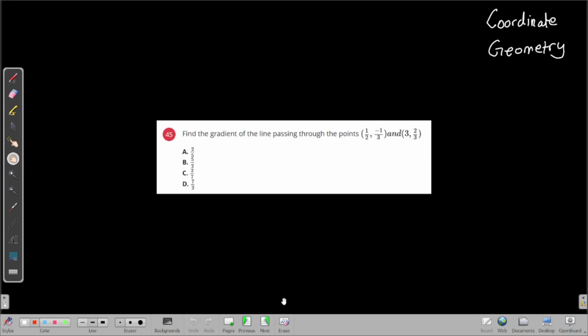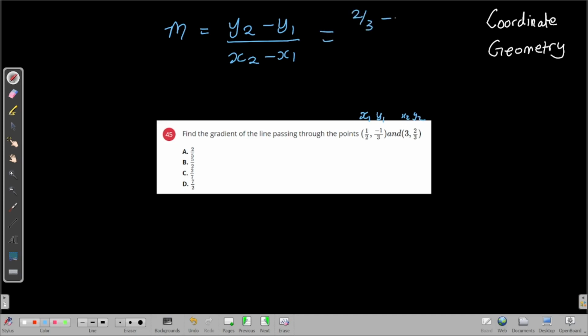Find the gradient of the line passing through the points. You know how to find gradient. m is equal to y2 minus y1 over x2 minus x1. Let's call these x1, y1, x2, y2. So our y2 is 2 over 3 minus y1, which is minus 1 over 3, divided by 3 minus 1 over 2.